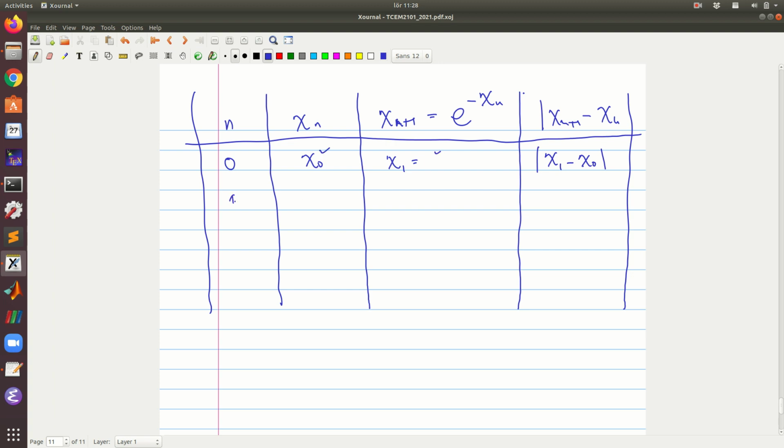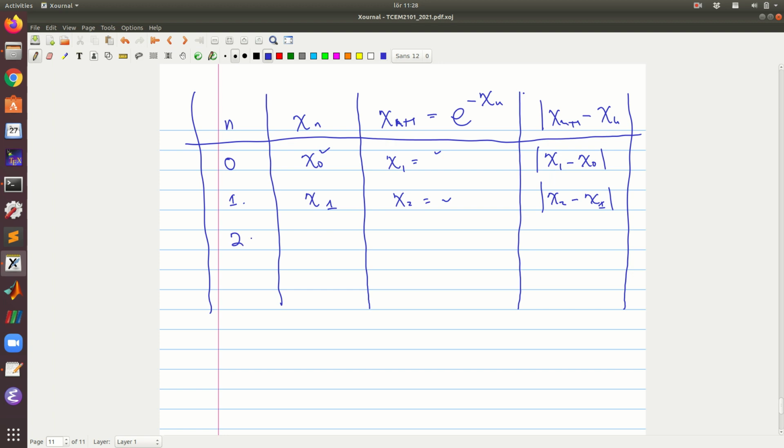And then when n is 1, we have x1, and here we compute x2, because x2 equals e to the power negative x1, and then here we compute x2 minus x1, and so on and so on. You get it?